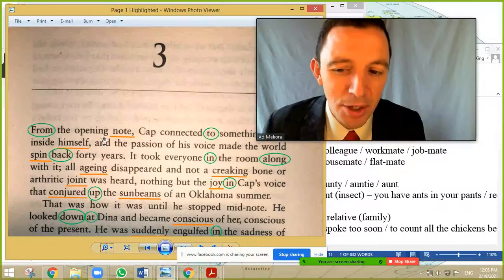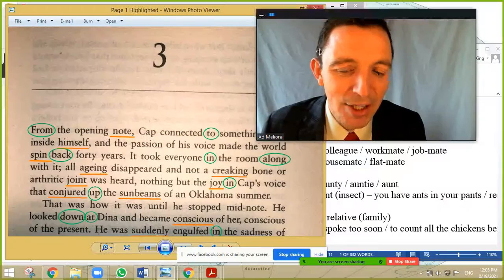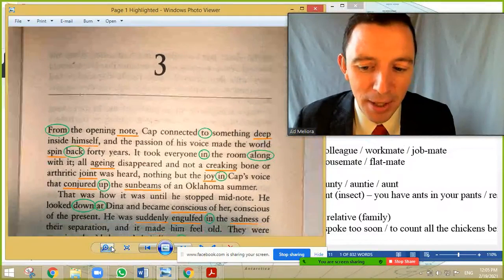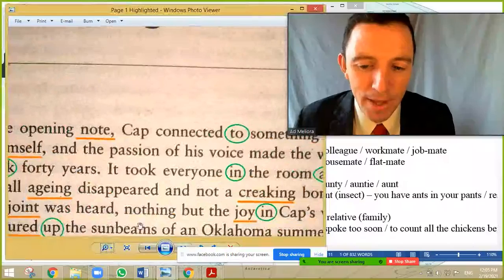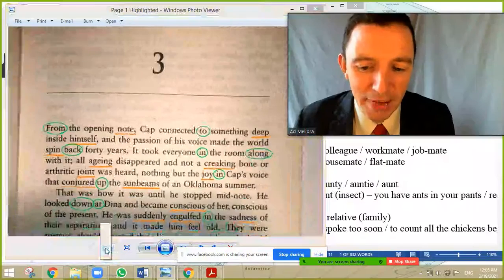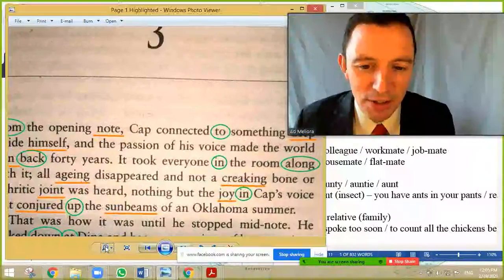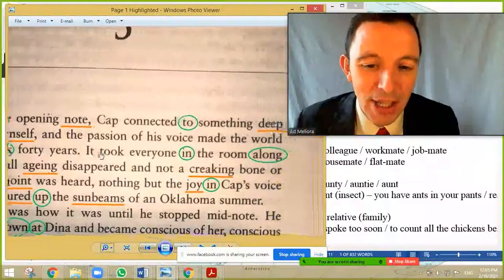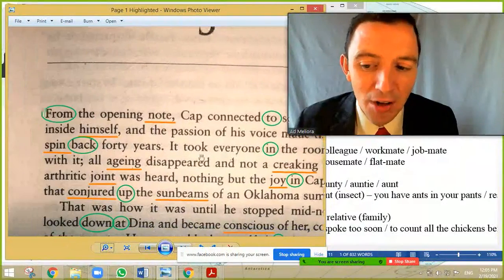Okay, so from the opening note, Cap connected to something deep inside himself. I'm going to make it bigger as well. Connected to something deep inside himself, and the passion of his voice made the world spin back 40 years. It took everyone in the room along with it.